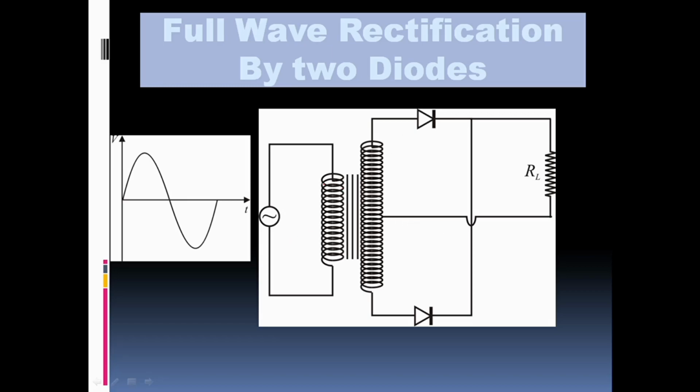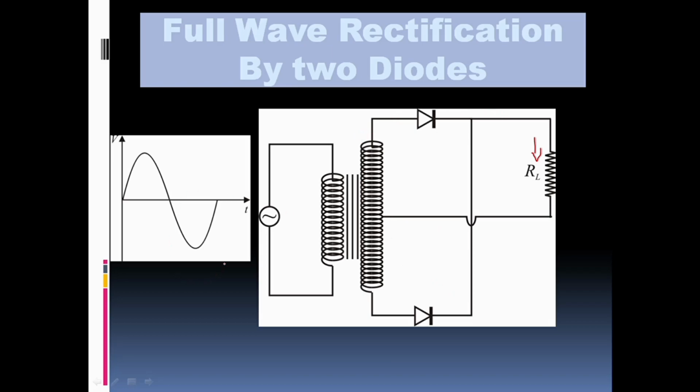Now assume that during the first half cycle this side becomes positive, then the current flows in this direction, this diode becomes forward biased, so it conducts and current comes to this junction, but the current cannot flow in this direction because this diode is reverse biased. Therefore current continues to flow and goes through RL, then enters the coil at the center.